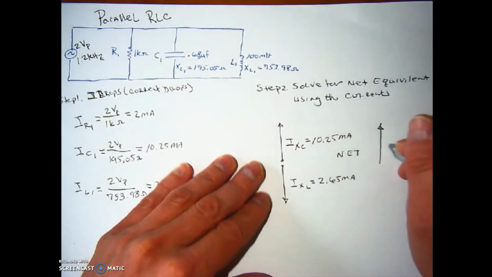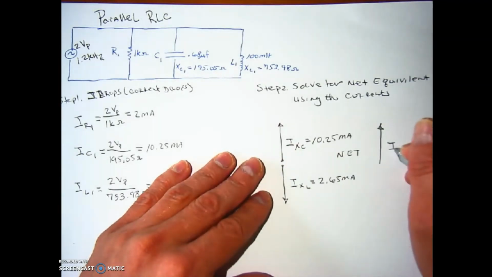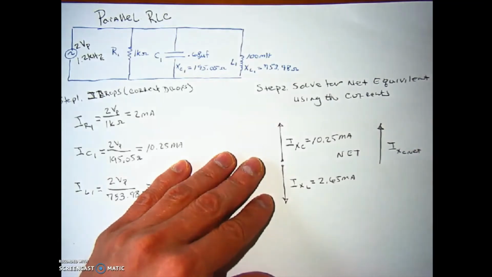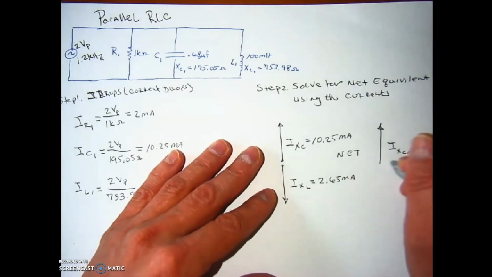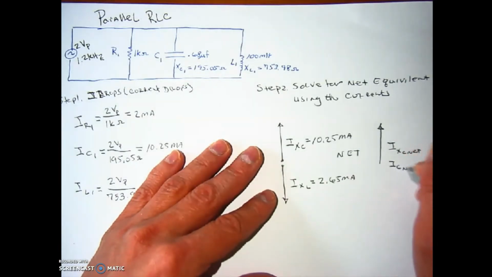So this is going to be I sub x sub c net, or another way to put this down is IC net. Both are the same. Most people put it down as IC net. We'll keep it as IC net.